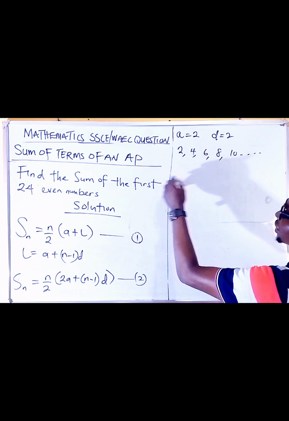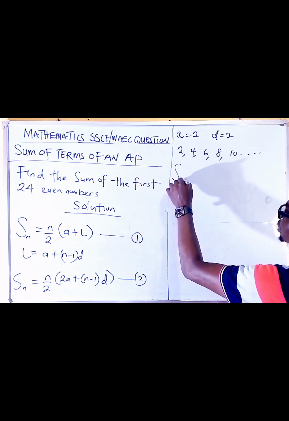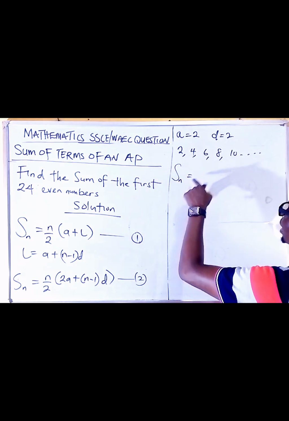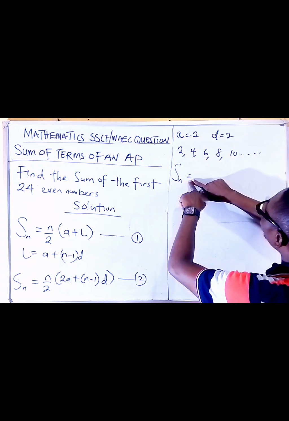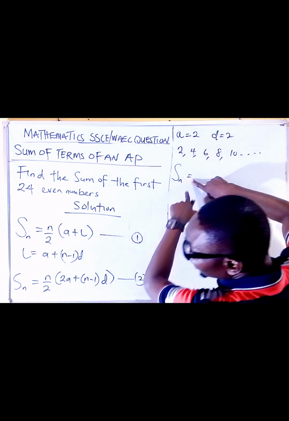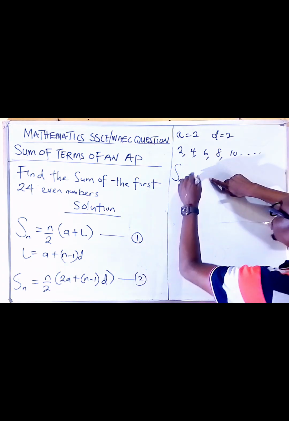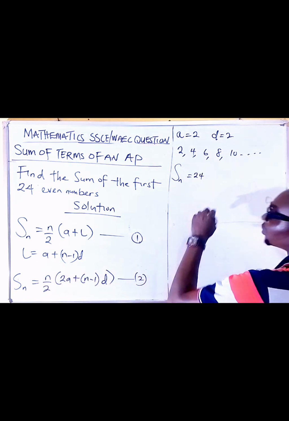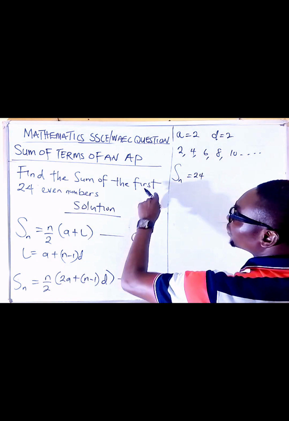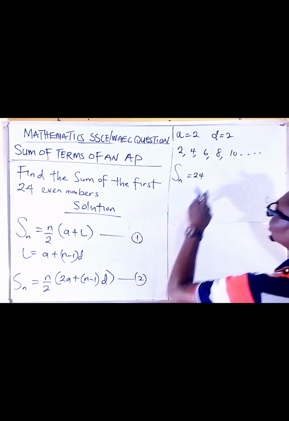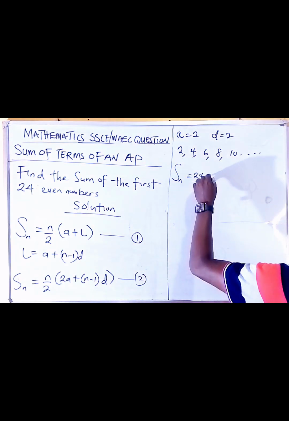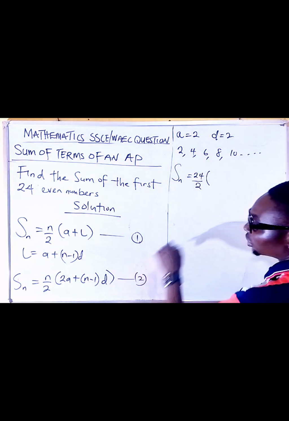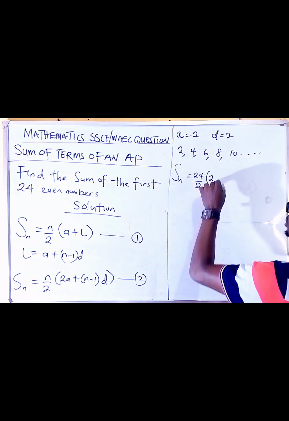So using the second formula, since the last term is not given, the sum of the terms of that AP will be N, where N is equal to 24. That's the number of terms, because they said find the sum of the first 24 even numbers. The number of terms is 24 into 2A.